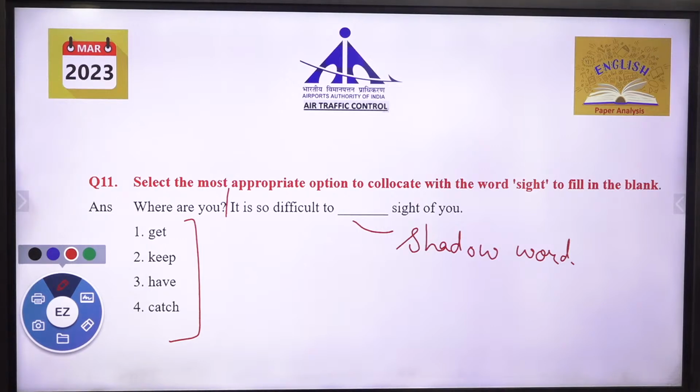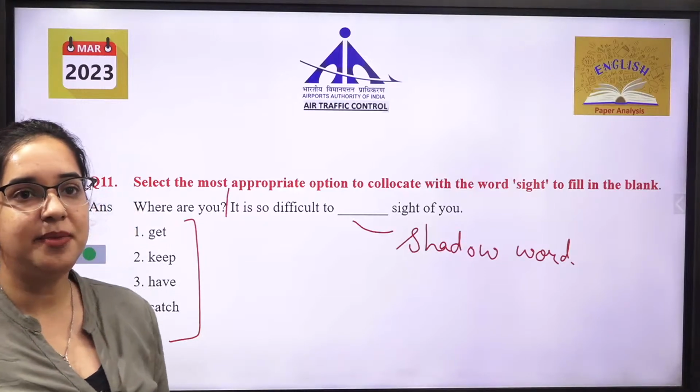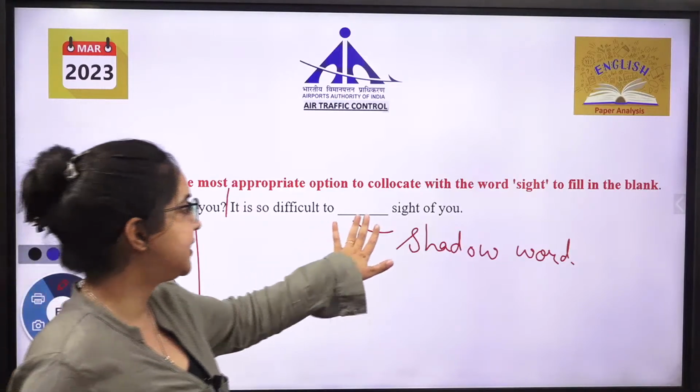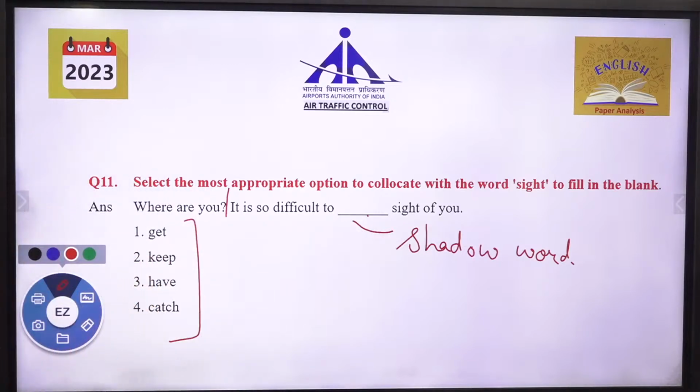At least 10 words you will be done with today also. Tell me the shadow word which will be filled. Because get means to receive. Think about it wisely.